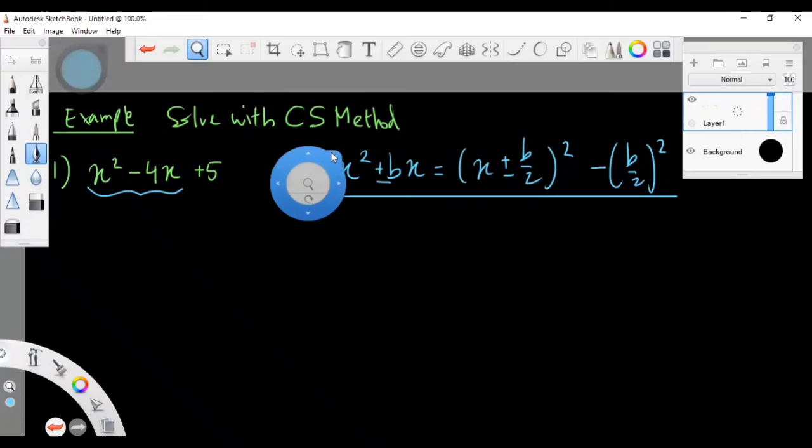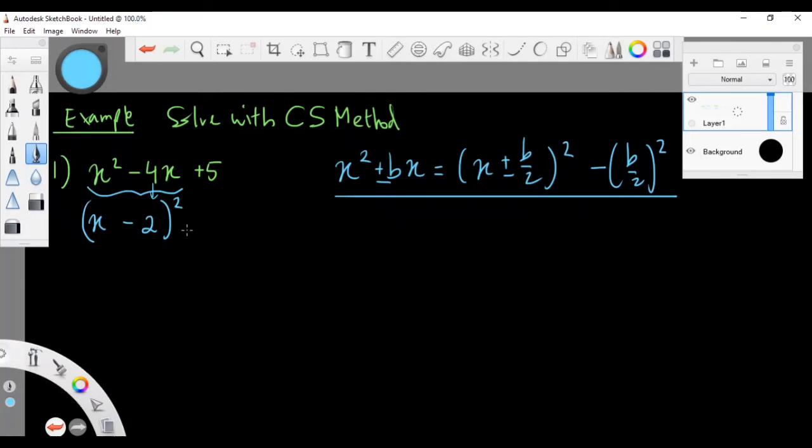And if this is negative or minus, subtract by 4x. So what you need to do is 4 divided by 2. That's all, 4 divided by 2. So I think better we write it downwards on the bottom. Minus 4 divided by 2. What is 4 divided by 2? 2. And put the bracket close and square, right? And then subtract 2 square, right? B over 2.